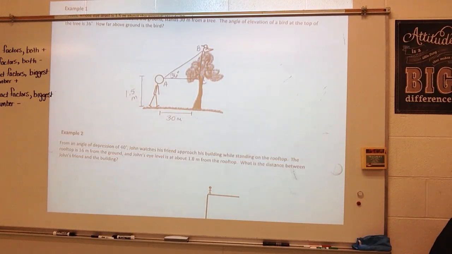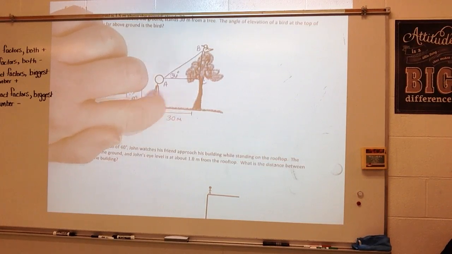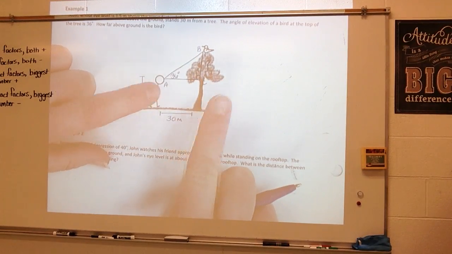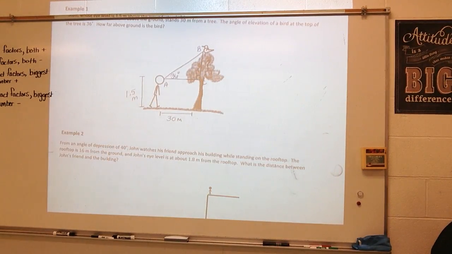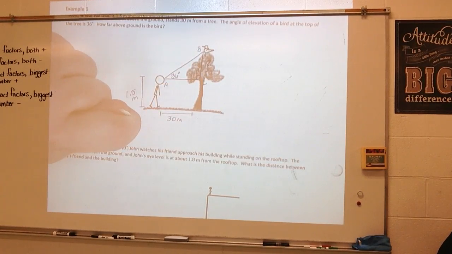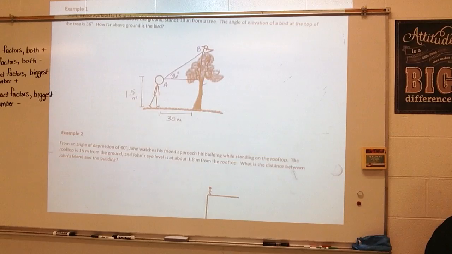Well, let's think about this for just a second. I know the measure of AC. If he is 30 meters from the tree, then AC is equal to 30, which is adjacent to my angle. The one I'm trying to find is opposite to my angle. Opposite over adjacent is tangent.